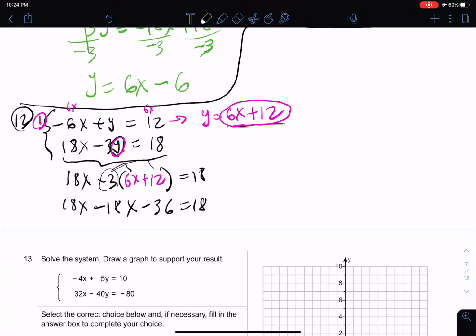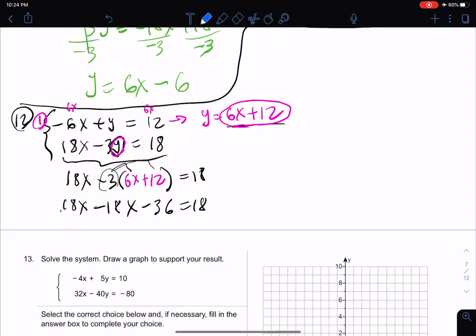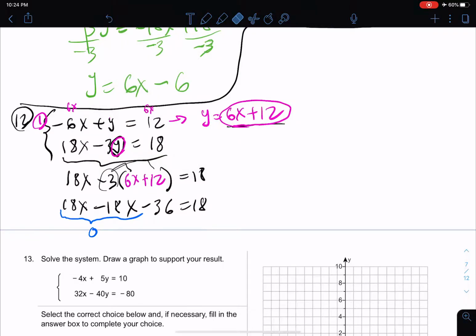Now here's what we've got to be careful about. This is maybe a little bit of a shocker for us. But when we take 18x minus 18x, that gives us 0. What that leaves us with is a statement which says negative 36 equals 18. Now we know that that is a false statement.